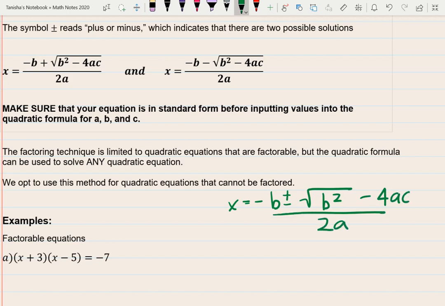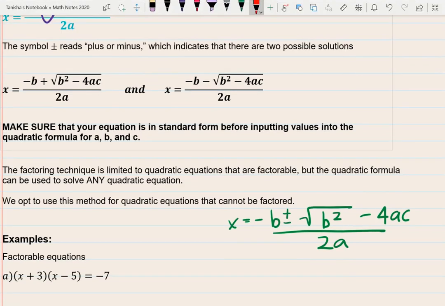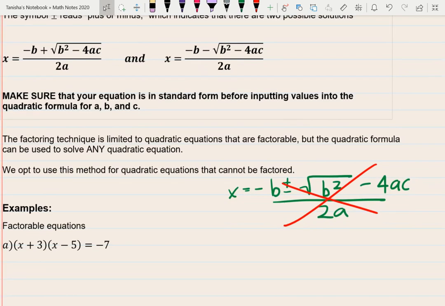So notice that the b squared is the only term underneath the square root, and then you have the minus 4ac outside. Wrong. You need to make sure that the square root is over top of the b squared and the 4ac.